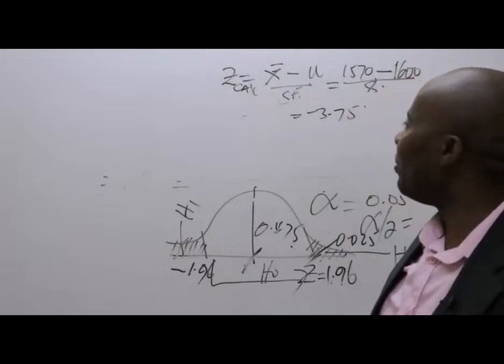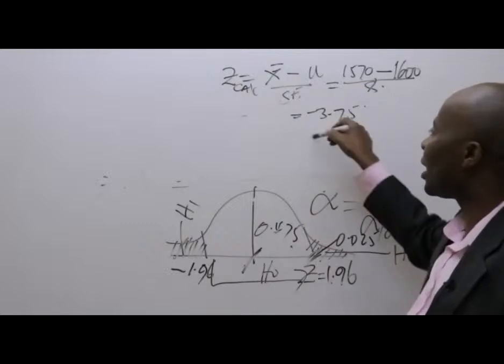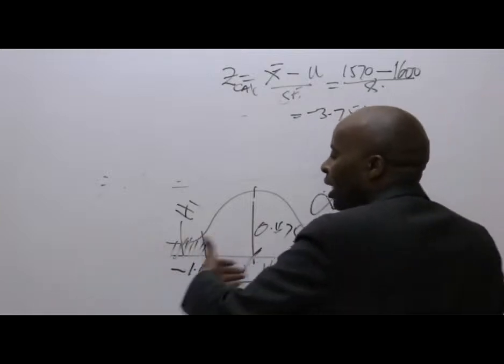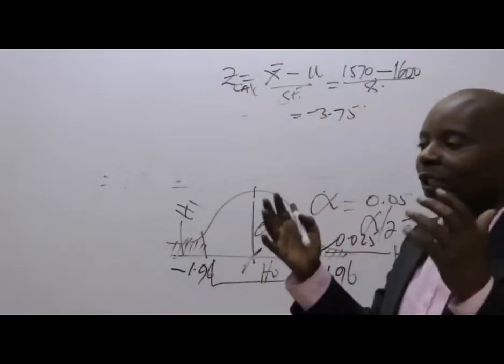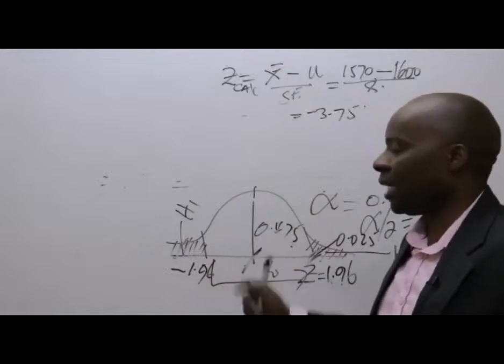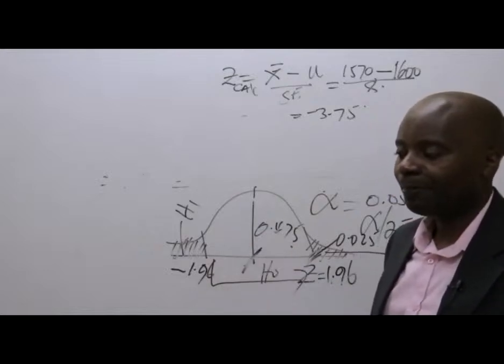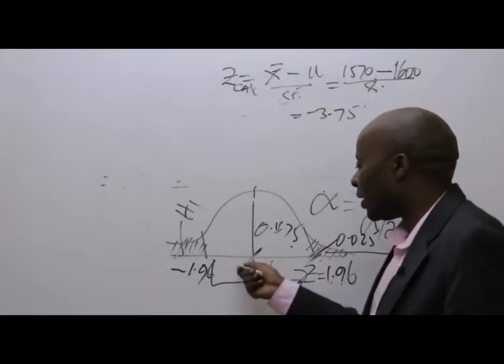Now, from there, come and place this Z calculated figure on your diagram. You have your number line here. Tell me whether it falls on a shaded area or on an unshaded area. This minus 3.75, where does it fall? If this is my number line, of course I know at the middle I have a 0.